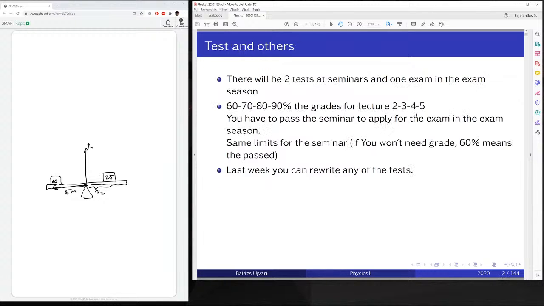Oh, yes. Thanks, Esther. Of course, right now it's not too easy to rewrite any of the tests since you can't come in, but otherwise it's true.